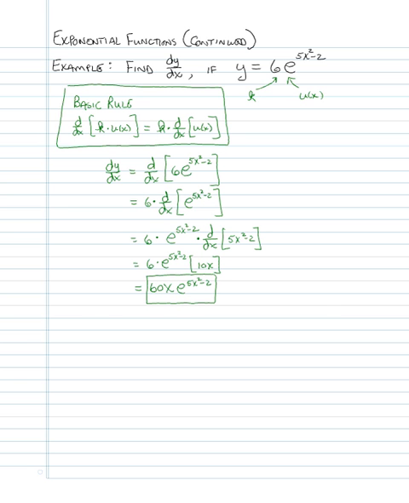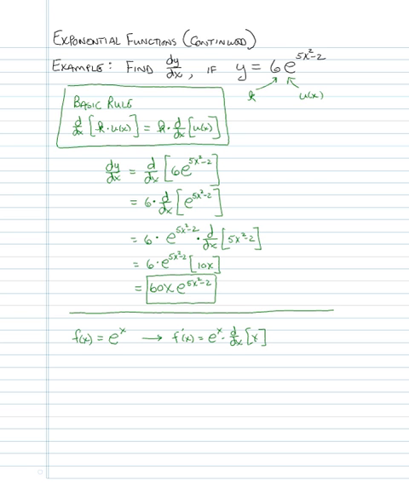Let me point out before we go to the next problem that the chain rule for these exponential functions works all the time, even in the simple case of f of x just being e to the x. It's so simple here we don't need the chain rule, but if we were to use the chain rule, we would calculate the derivative by saying it's e to the power times the derivative of the power.